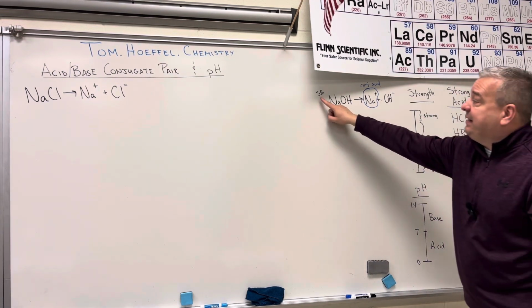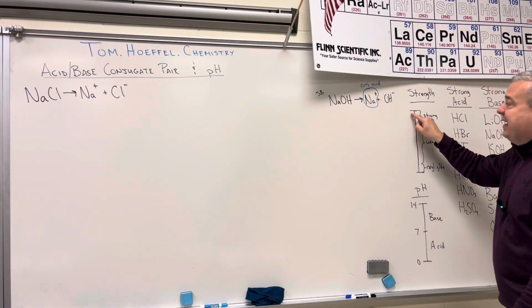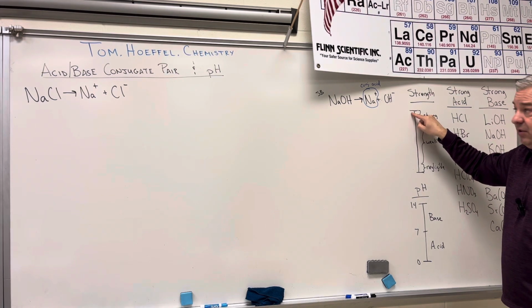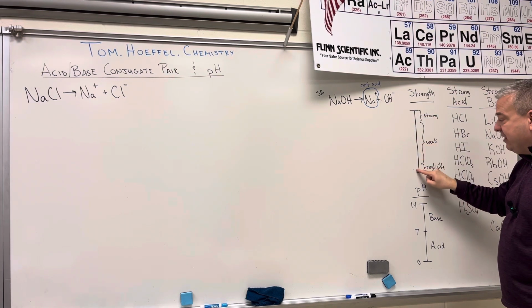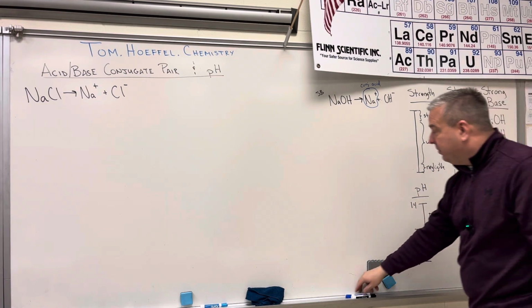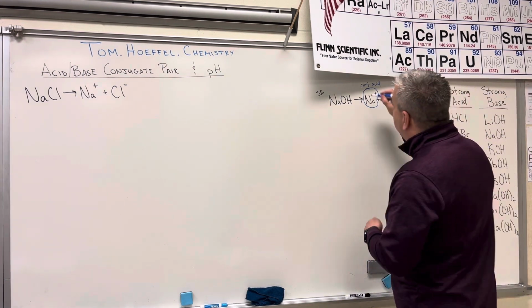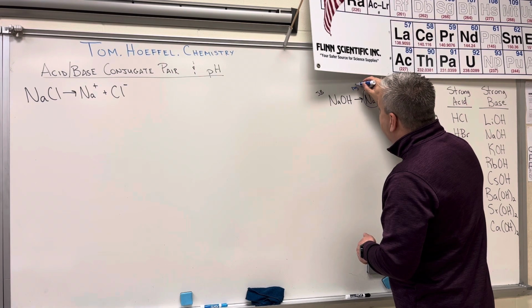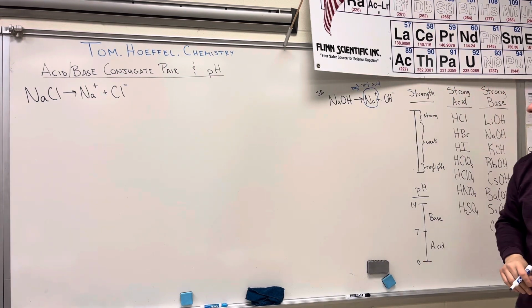We identified sodium hydroxide as being strong, so the conjugate, which is the sodium ion, is going to be negligible. So I'm going to label this as a negligible conjugate acid.